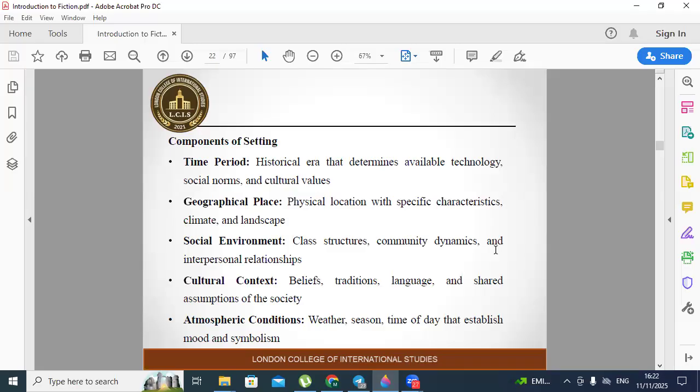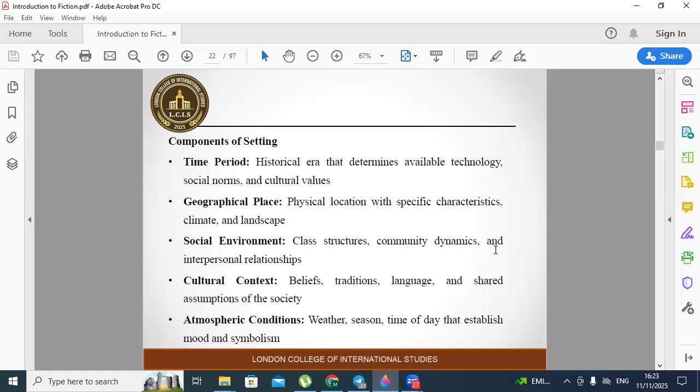Social environments: class structures, community dynamics, and interpersonal relationships. Is this a relatively hierarchical society or relatively egalitarian? Is the community tight-knit, or are they enemies? These social dimensions shape characters and their actions and conflicts.